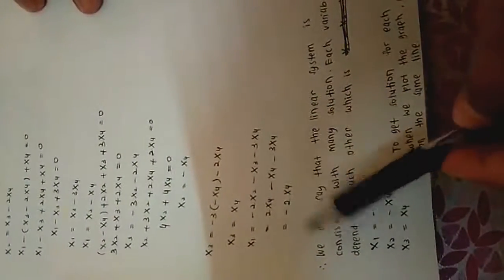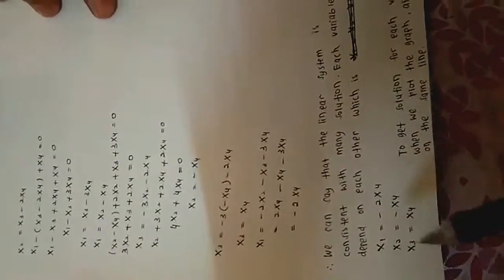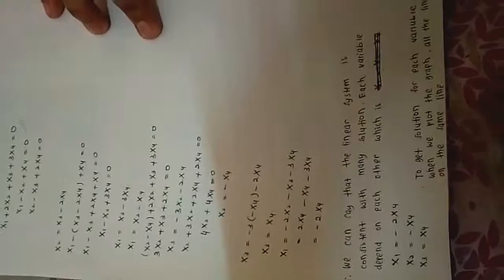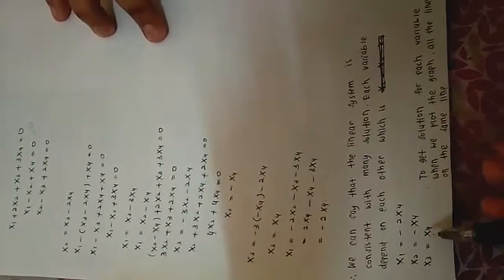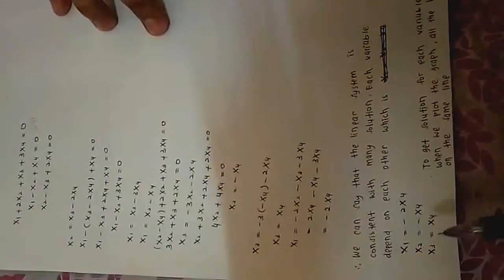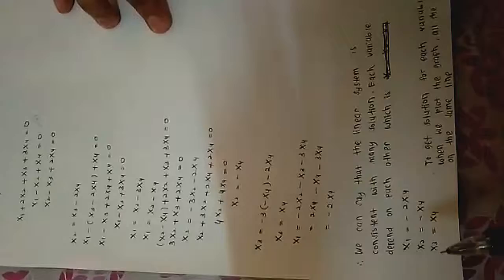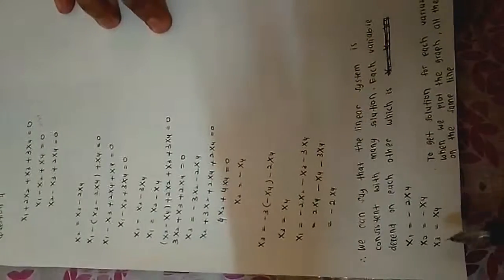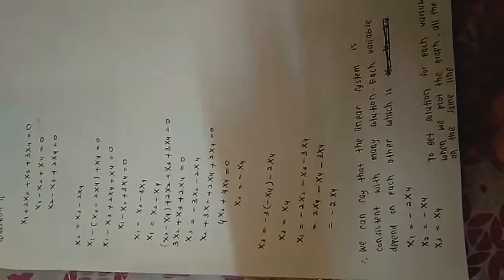So these variables depend on each other, on x4. If I say that x4 is equal to x3, then if I substitute it in this equation, all these variables are depending on x3, and so on, like this.